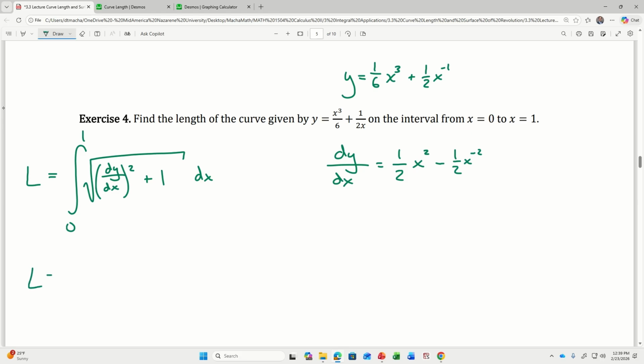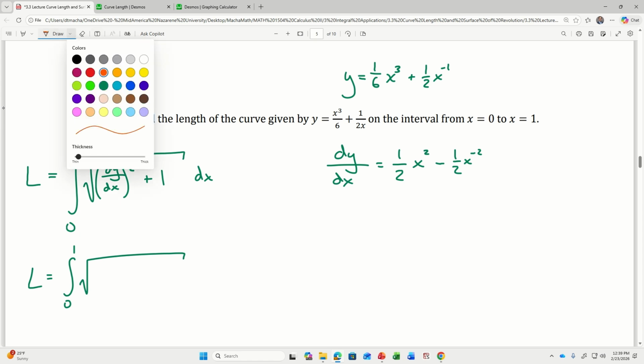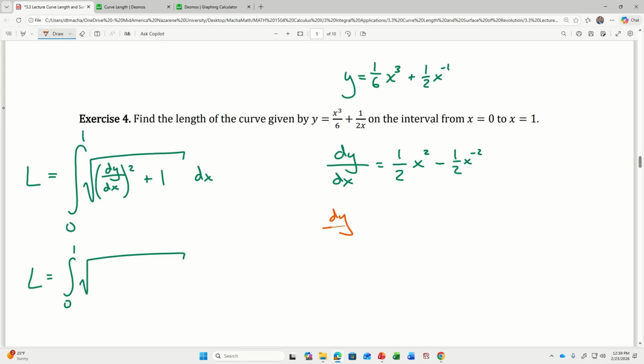Okay, now with the length formula, we've got the integral from 0 to 1 of the square root of this squared. I don't just need dy dx, but I actually need dy dx squared. So let's square this. And you have to think about foiling: first, outer, inner, last.